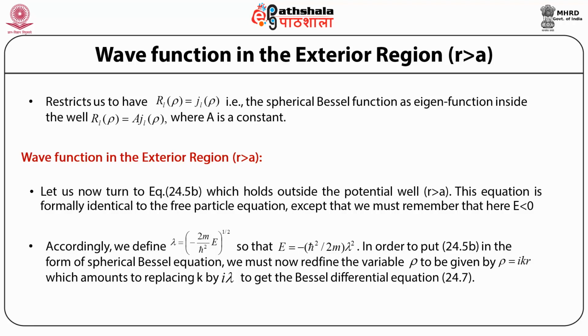In order to put 24.5b in the form of the spherical Bessel equation, we must now redefine the variable rho to be given by rho equals i lambda r, which amounts to replacing k by i lambda, to get the Bessel differential equation 24.7.